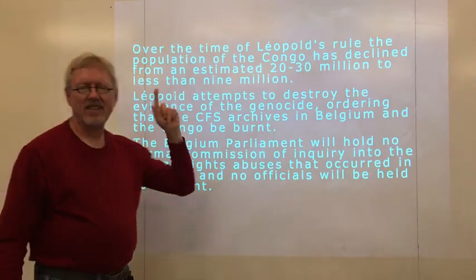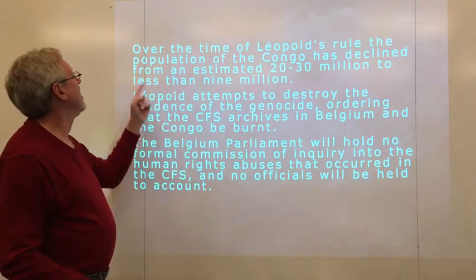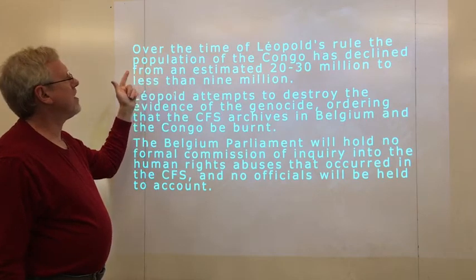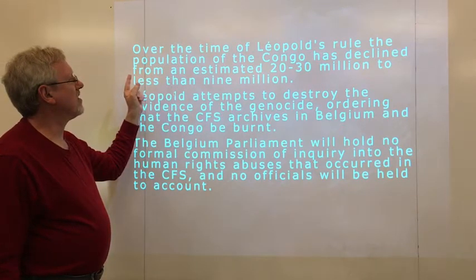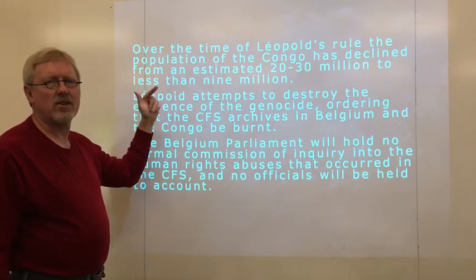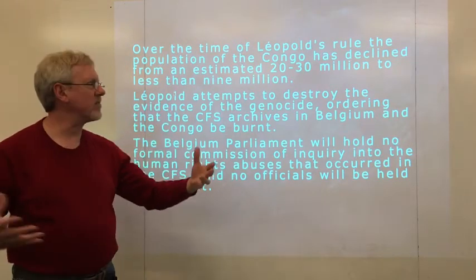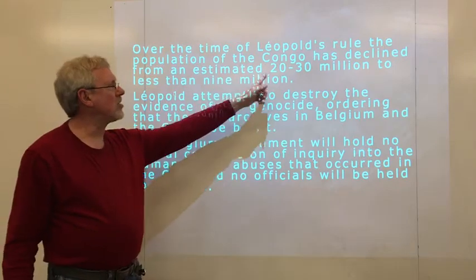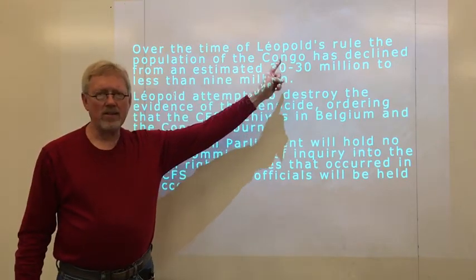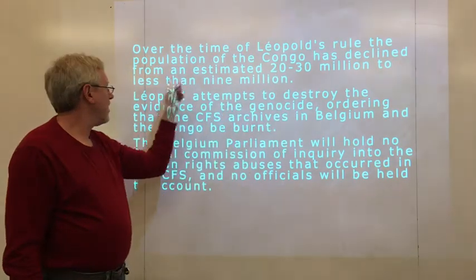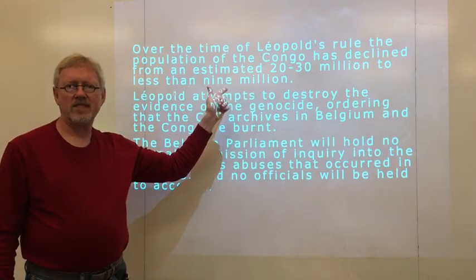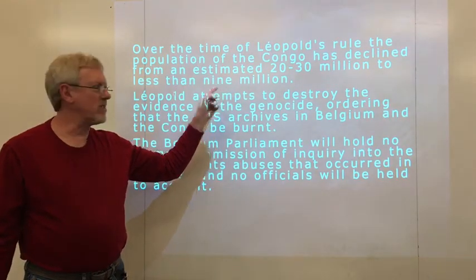Now, absorb this figure. At the time of Leopold starting to take over this colony, to the time that finally he is stripped of it, the population of the Congo is somewhere between 20 and 30 million at the outset, and then there's less than 9 million about 20, 30 years later.